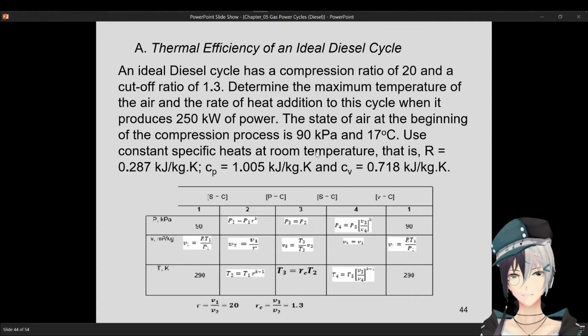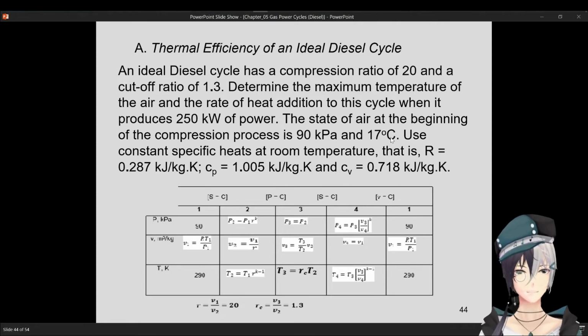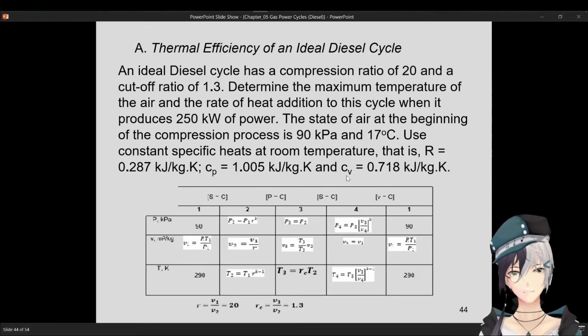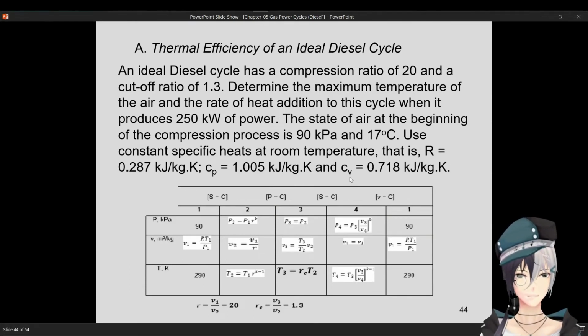The state of air at the beginning of the compression is 90 kilopascal and 17 degrees C. We are given the constants like R, C sub P, and C sub V.